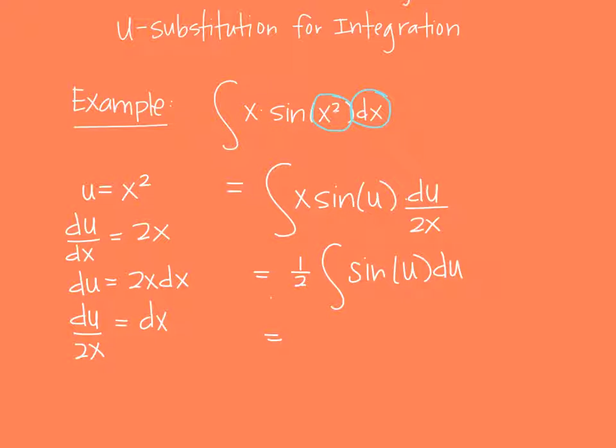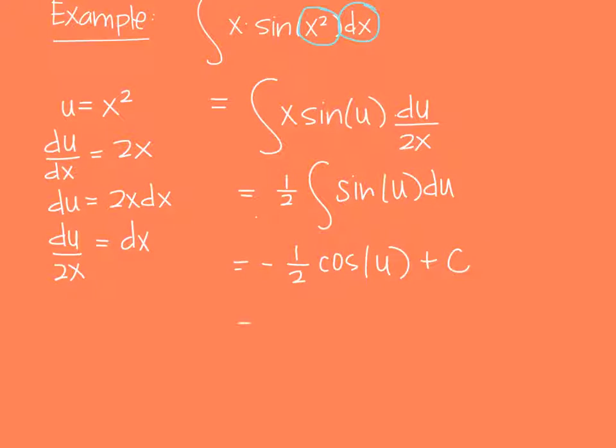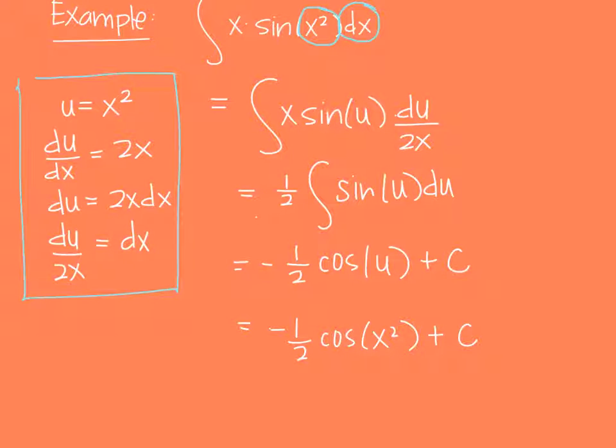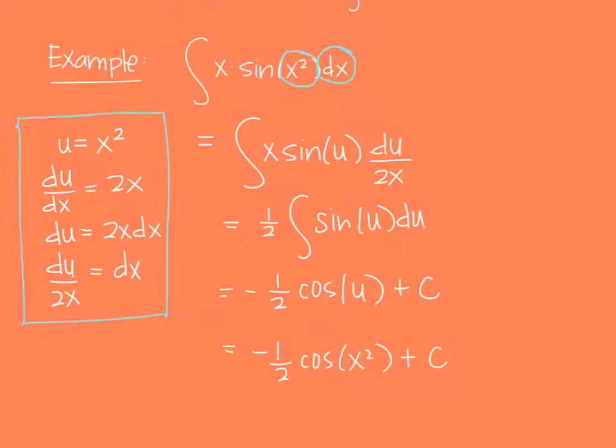And so then I can integrate that to the negative 1/2 of the cosine of u plus c. And then my last step is to replace u with what it originally substituted for. So I have the negative 1/2 of the cosine of x squared plus c. And that is a quick and dirty u substitution.